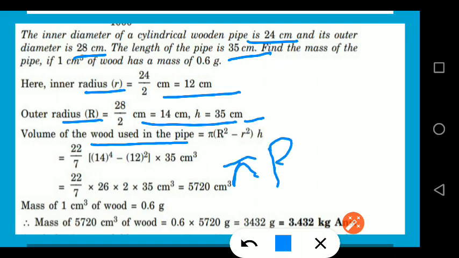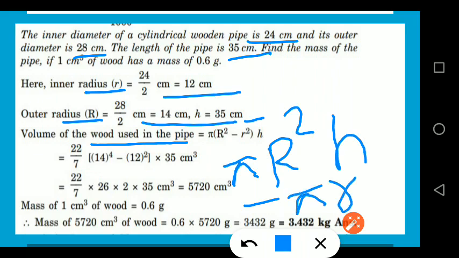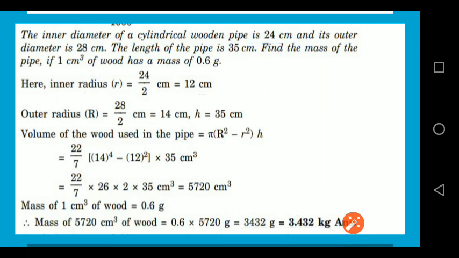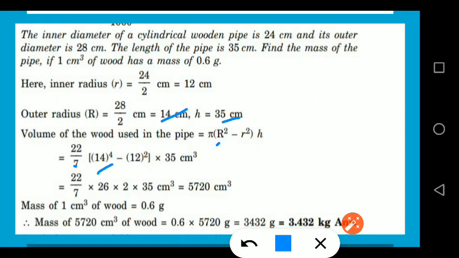Pi R square h minus pi r square h. Pi is taken common and h is also taken common, so inside we are left with R square minus r square. Now we put the values: pi 22 by 7, capital R as 14, so 14 square, small r is 12, 12 square, height 35.